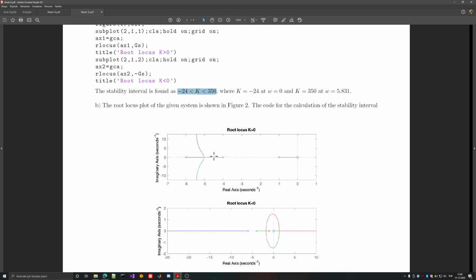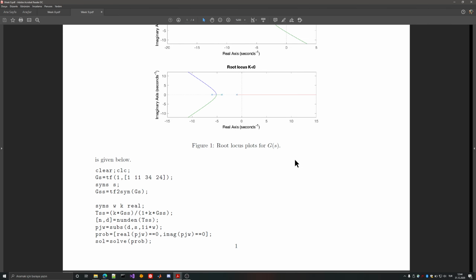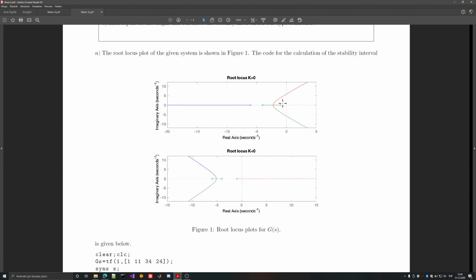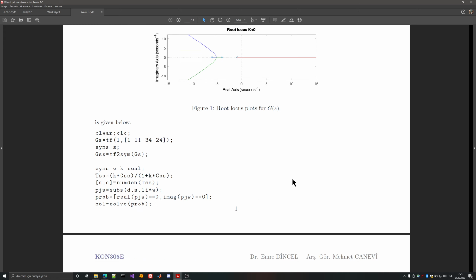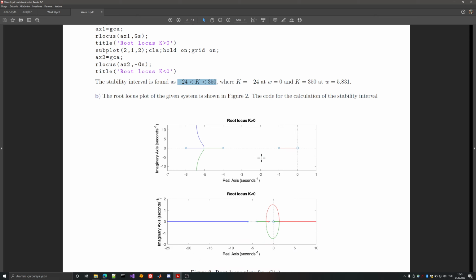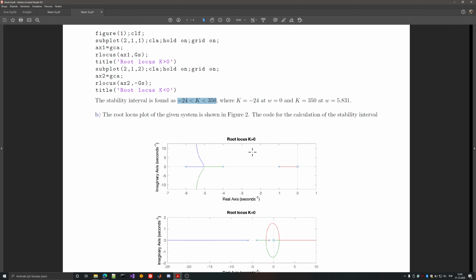So let's say we add a zero at the origin. Now look at this root locus here. You're adding a zero at this point. So this means that this pole will approach that, and these will approach each other, as far as I know. And you can see that this is exactly the case, because you should remember that the rules for plotting the root locus will give you this information.